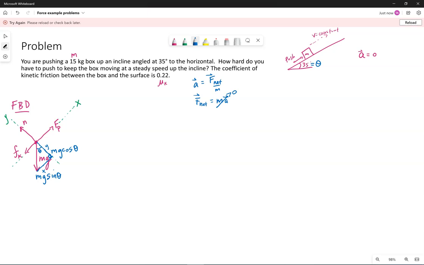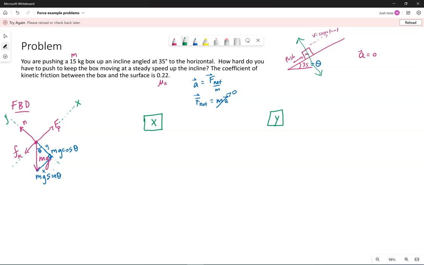There's no acceleration in the y direction because our y direction being perpendicular to the incline, if there was an acceleration, that block would have to be moving perpendicular to the incline, speeding up or slowing down. In the x direction, there's no acceleration because we're pushing it up the incline, so straight line at a steady speed. So we know the net force has to be 0 in both the x direction and the y direction.